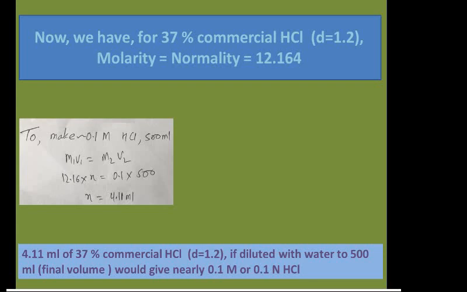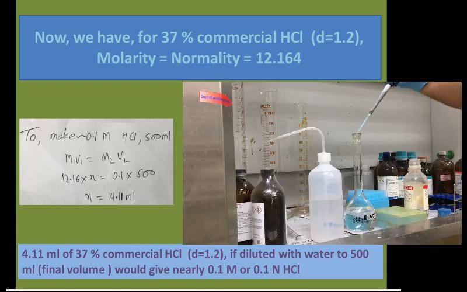Now we have to dilute this concentrated hydrochloric acid to make dilute hydrochloric acid. So we can use the molarity formula for the preparation of dilute hydrochloric acid solution. Here we are going to prepare 0.1 molar hydrochloric acid of around 500 milliliter from the concentrated hydrochloric acid of 12.164 molar.